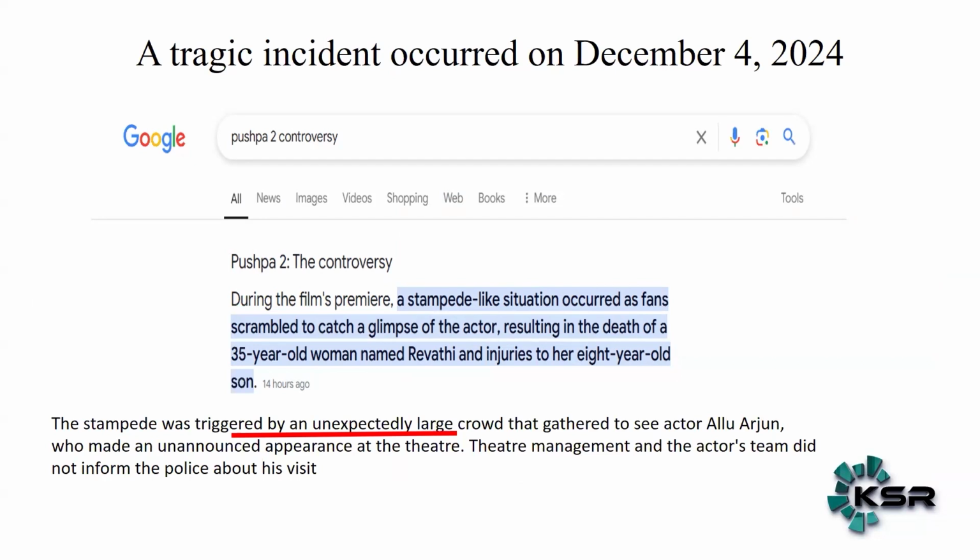What happened on December 4th, 1 month back? In Hyderabad, RTC Crossroad Sandhya Theatre, one lady died. Okay. Question to you. Why do you think this happened? A large crowd gathered in one place without permission.